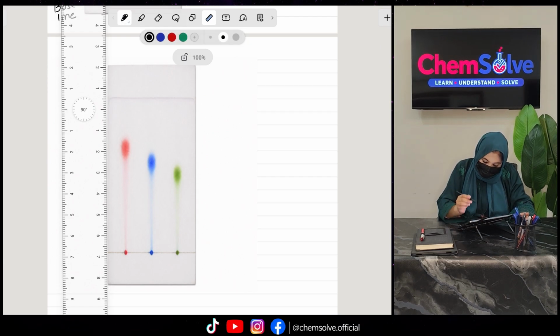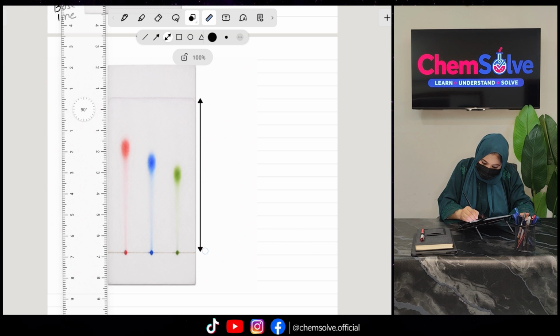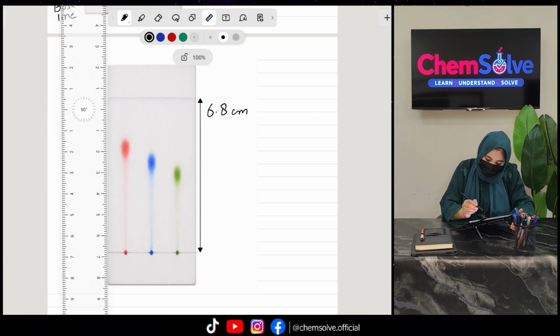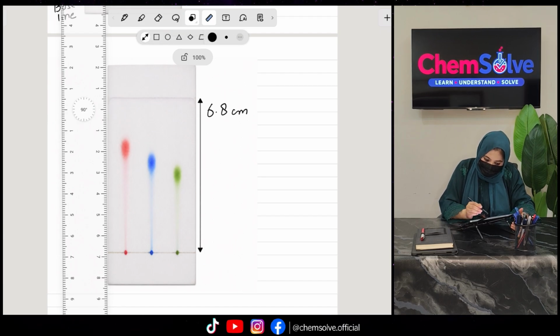This distance is approximately 6.8. So my solvent front distance is 6.8 centimeter. Okay, now I have to calculate distance traveled by red color.